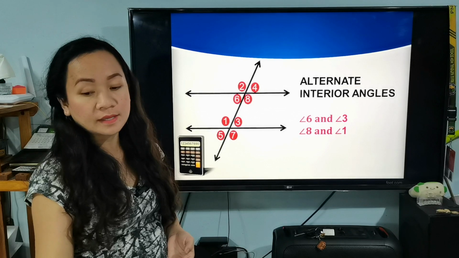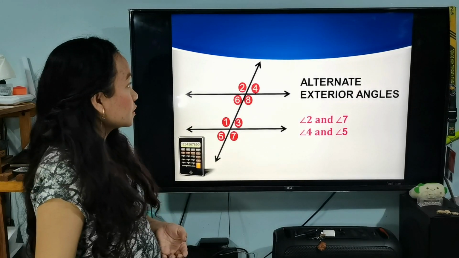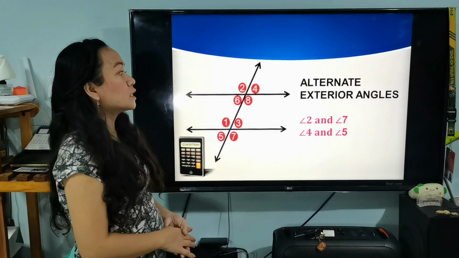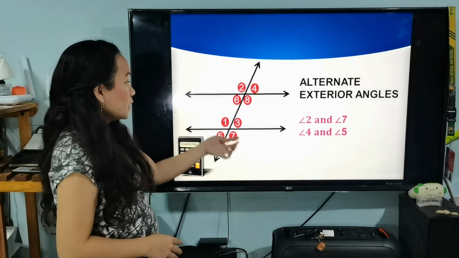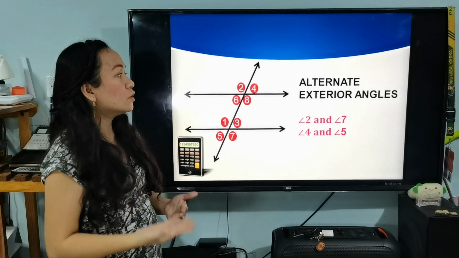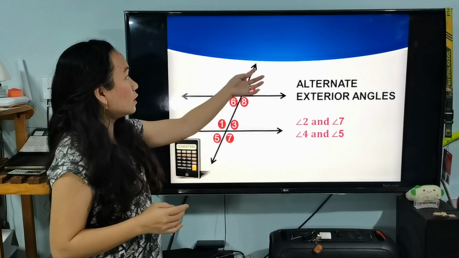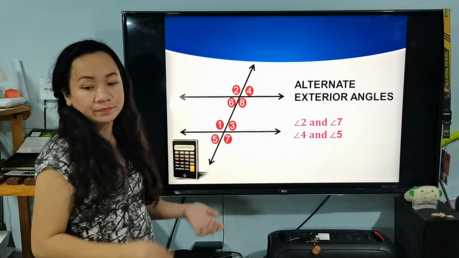Next, the word is alternate exterior angles. Based on the figure again, our first alternate exterior angles are angle 2 and angle 7. The second pair of alternate exterior angles is angle 4 and angle 5.